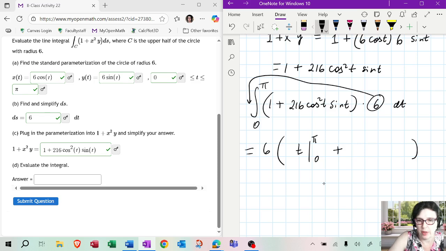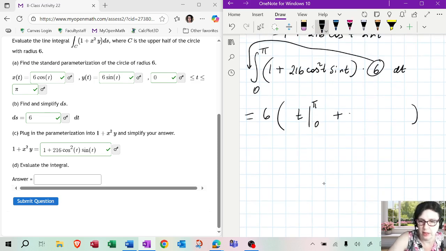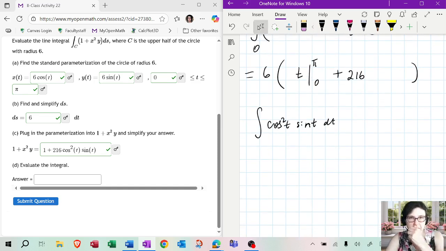so that's just going to be pi. Now I have to show you what happens, and then this is going to be 216, but I want to show you how to integrate cosine squared t sine t dt. If there was no sine t, then the way you would integrate that is using half-angle formulas for cosine squared. But if you have not just cosine squared, but also sine in addition, that is integrated by a substitution.